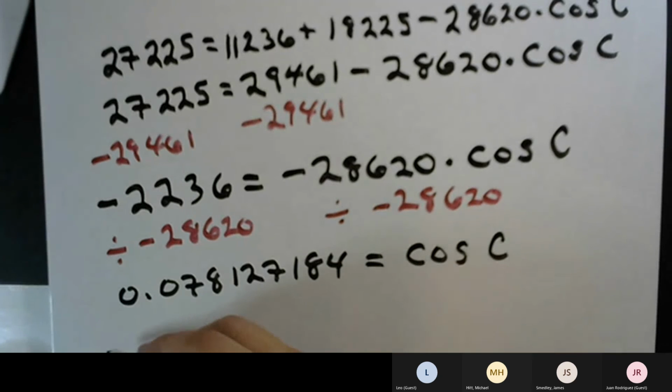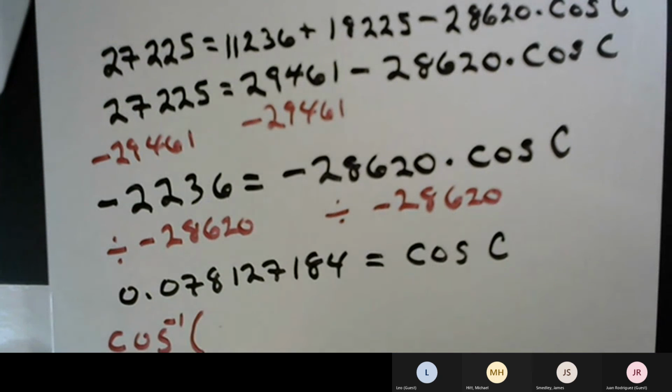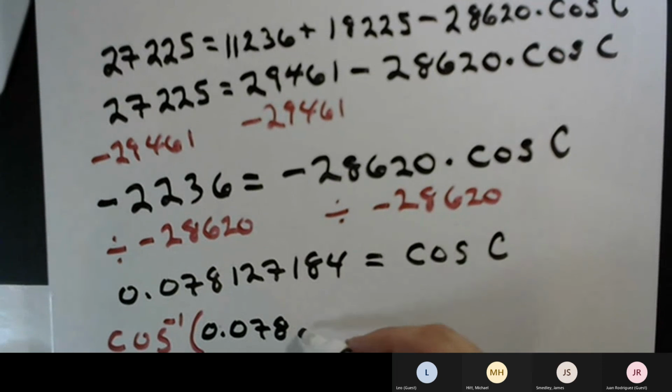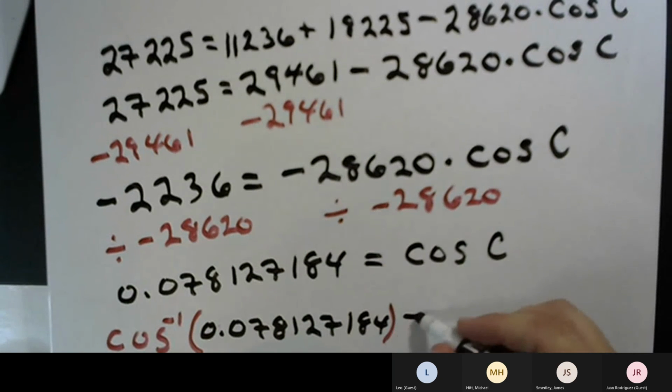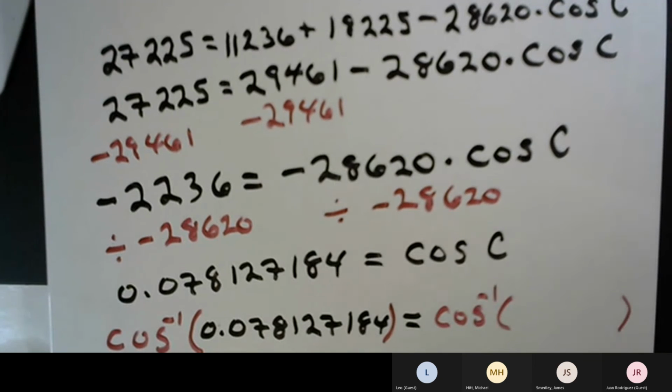So now we need to take the cosine inverse of each side. And so we're going to get C on the right side.